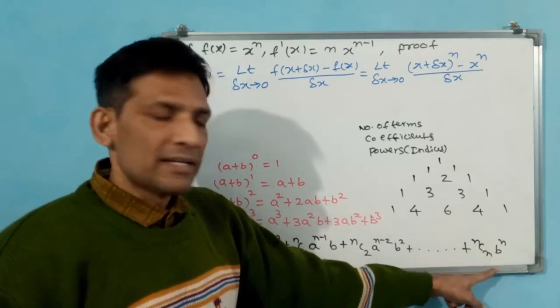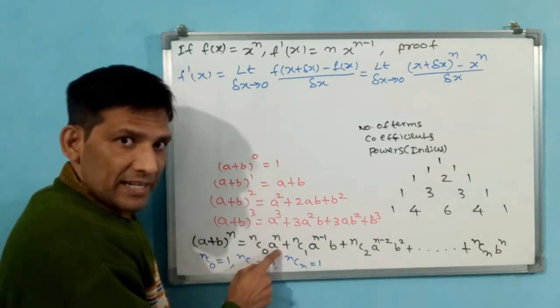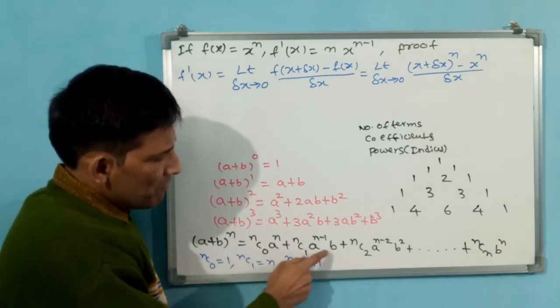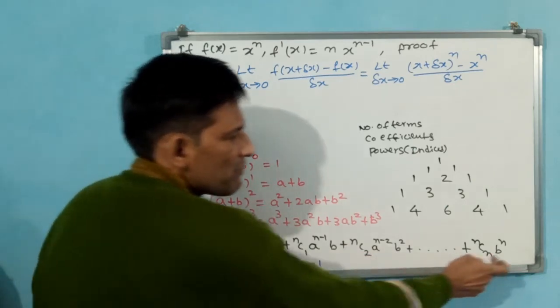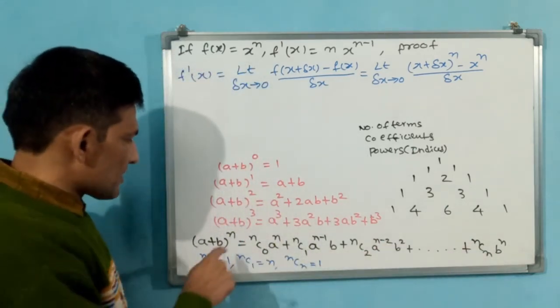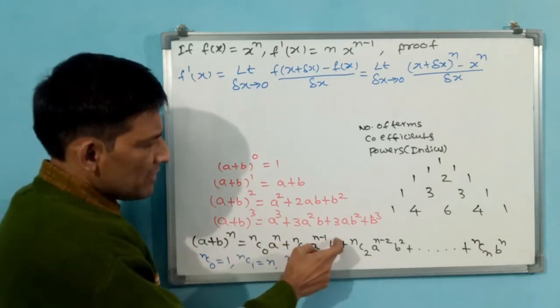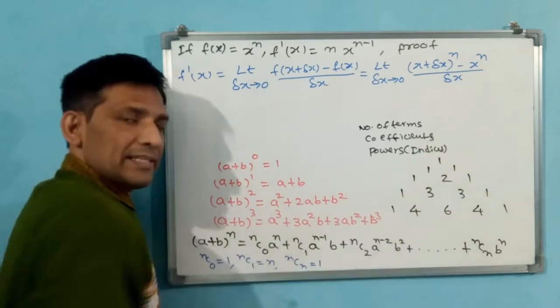That is why we have not written it. Similarly B power 0 is 1, so we have not written B power 0. B power 1, B power 2, up to B power n. In any term, the total power is n. Here also n, here n minus 1 plus 1, like that it is there.